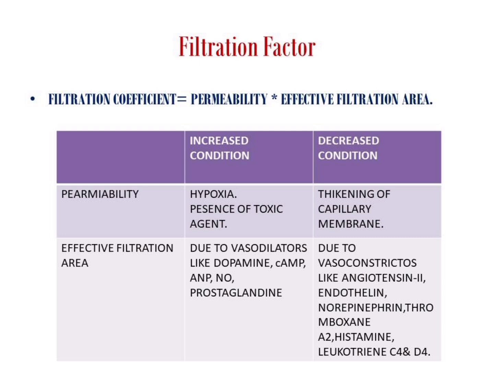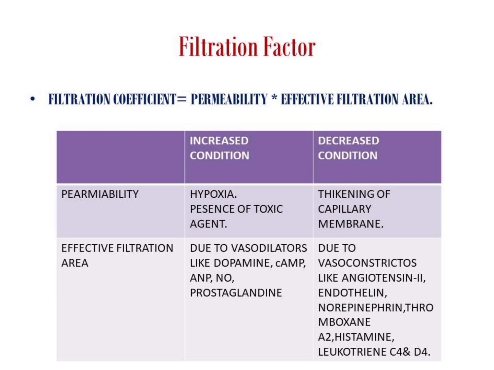Vasoconstrictors like angiotensin II, endothelin, and norepinephrine cause contraction of mesangial cells, which results in a decrease in GFR by decreasing the filtration area of glomerular capillaries.